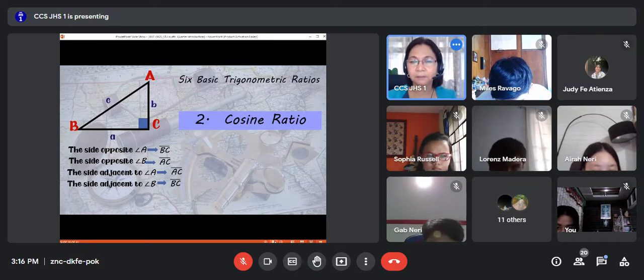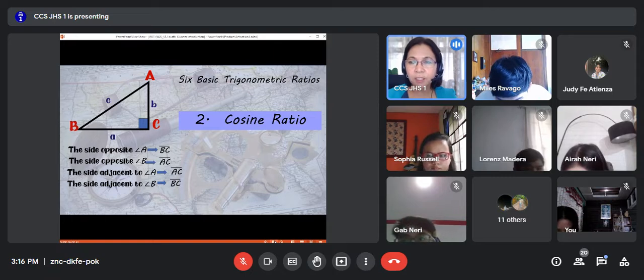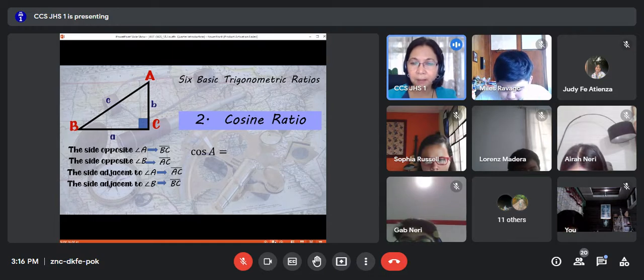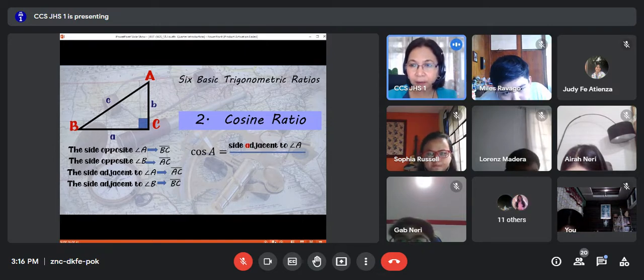The second trigo ratio is the cosine ratio. Your notation for that is cos space A, or cos A. Read as cosine of angle A is equal to the ratio of the side adjacent to angle A over the hypotenuse.